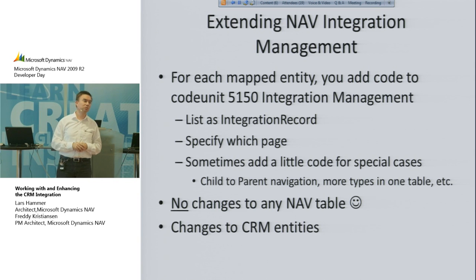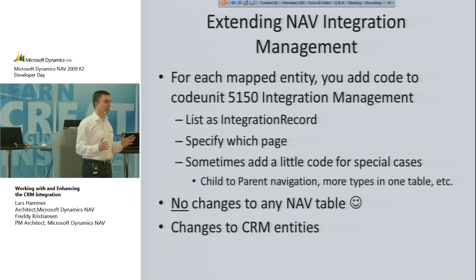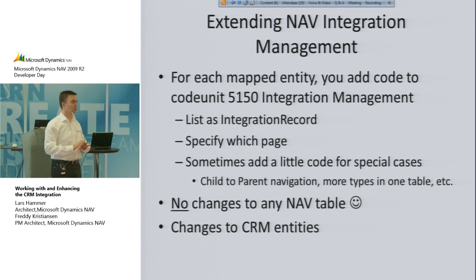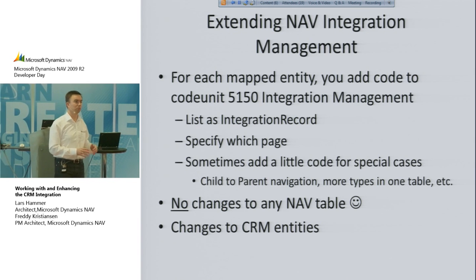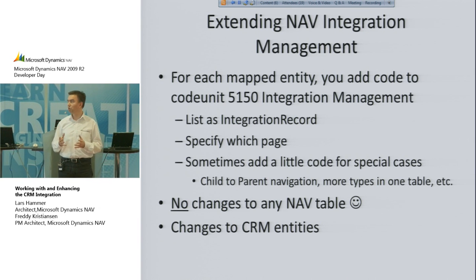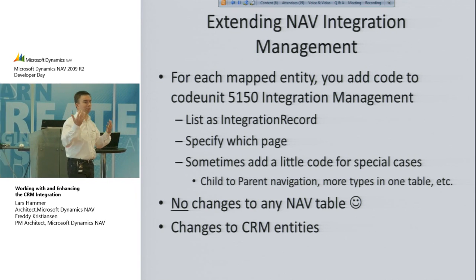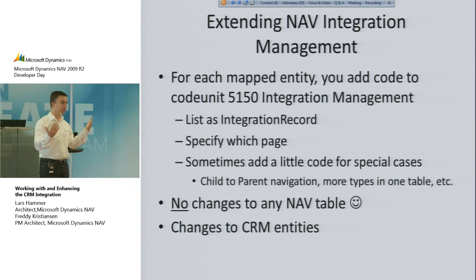The great point is that for the actual entities that you're synchronizing, you don't have to make any changes at all. It's all managed in this integration record table, so you're not going to have to change the quote or anything, or the page for the quote. And then you have to also consider what are the changes to your CRM entities, because the entity model in CRM and NAV are obviously different.